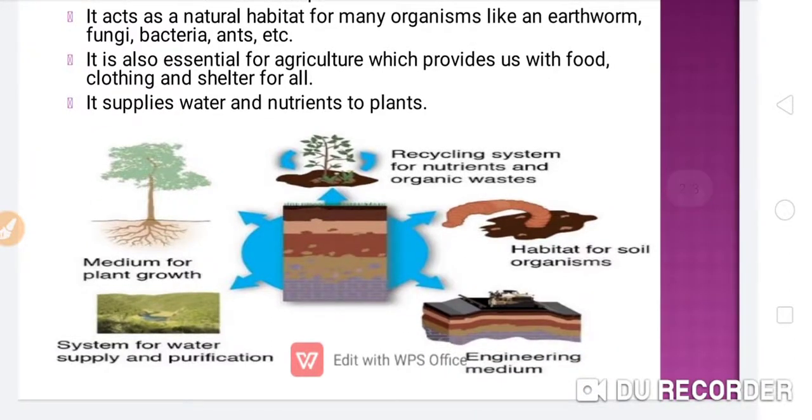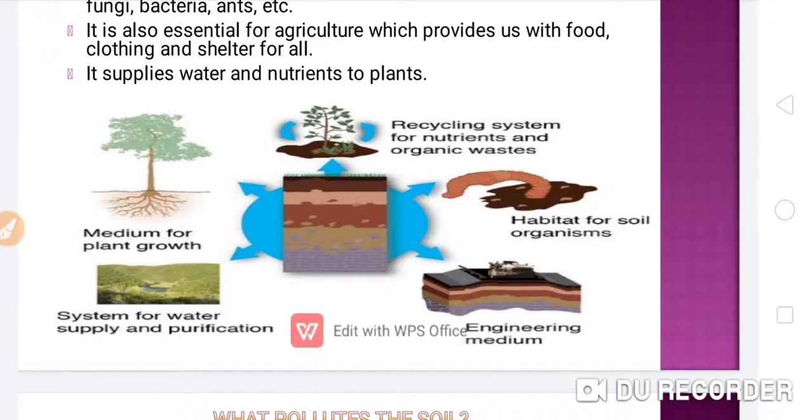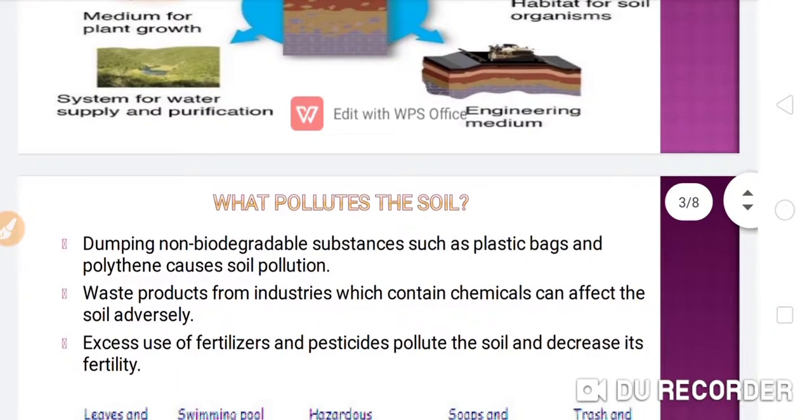Now you can see in this figure there are different functions of the soil: a medium for plant growth, a system for water supply and purification, a recycling system for nutrients and organism waste, a habitat for soil organisms, and an engineering medium. These are the very important functions of the soil we have discussed.